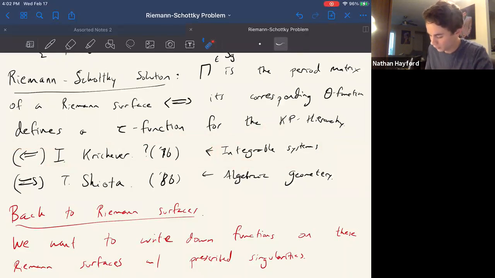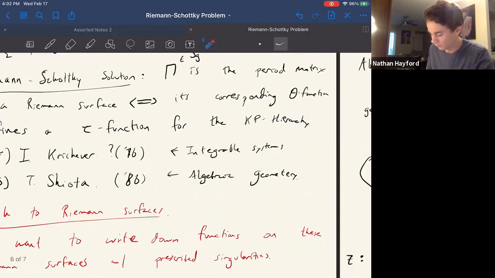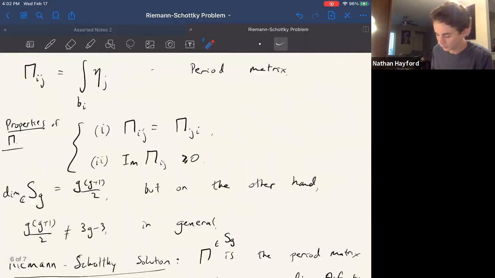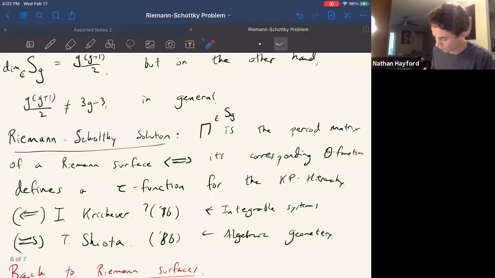We're going to construct explicit solutions from essentially the following data: a Riemann surface, a special marked point, and a positive divisor, just a set of g points on this Riemann surface in non-special position. Given that set of data, we can actually construct a solution to the so-called KP equation and solutions to the whole KP hierarchy.